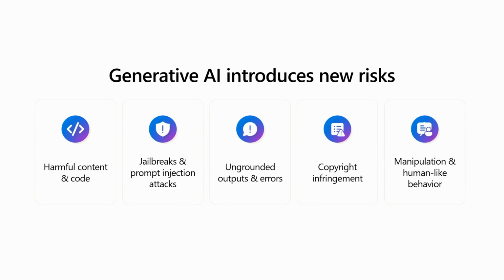Another important aspect that we're looking at: what are models generating? What types of completions? Is it copyrighted material? Is it IP-protected material that we need to protect against? And lastly, an emergent area is human-like behavior. That means we're working with natural language, and these models generate language that is very human-like. There are important questions that we need to ask.